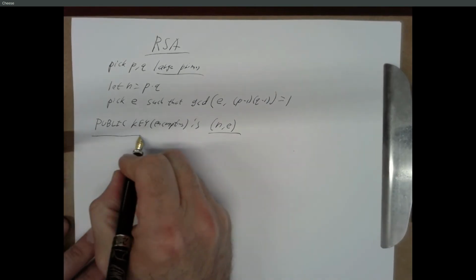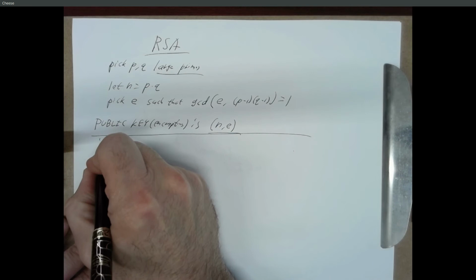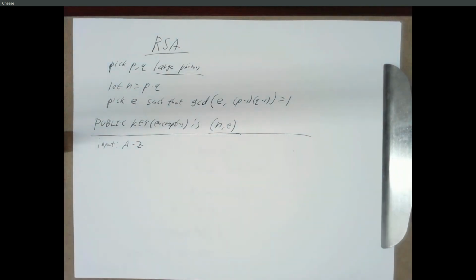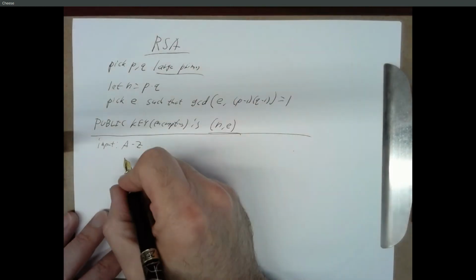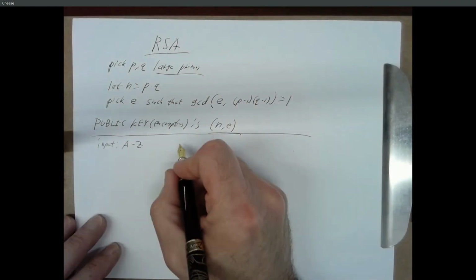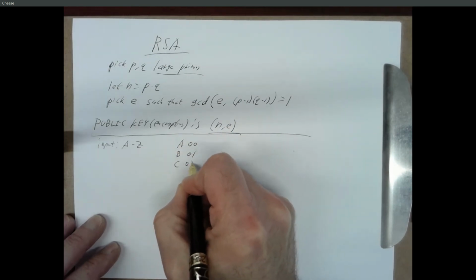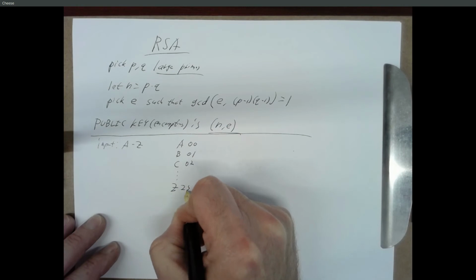Okay, so we're going to work on a simplified set of input, which is just uppercase letters A through Z. We've seen this before. I'm going to use 2 digits to represent each letter. So A is 00, B is 01, C is 02, Z is 25.